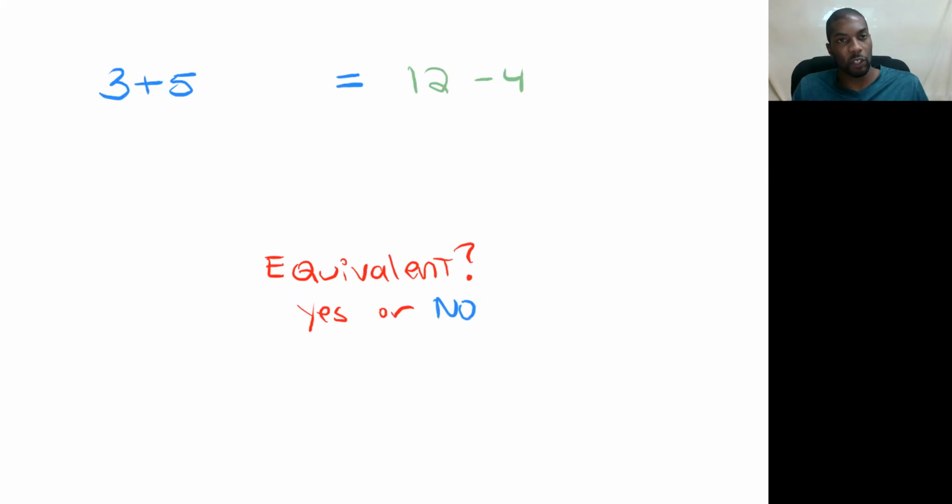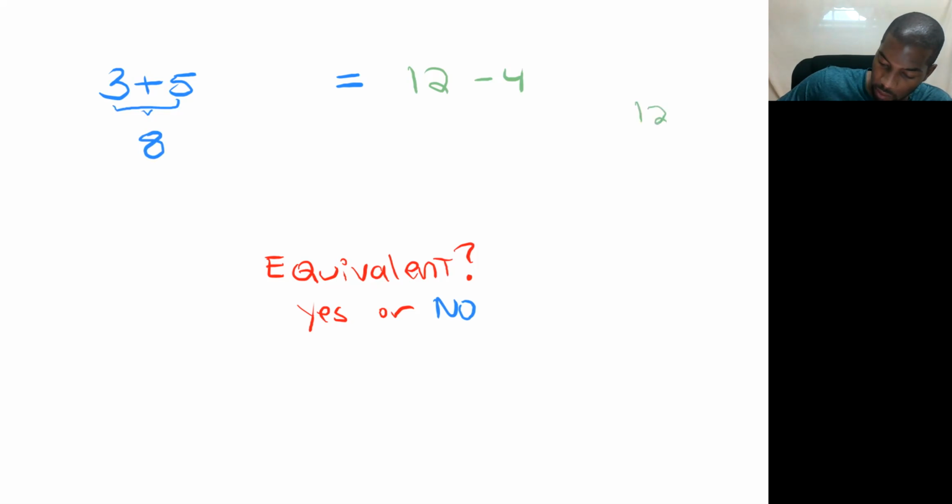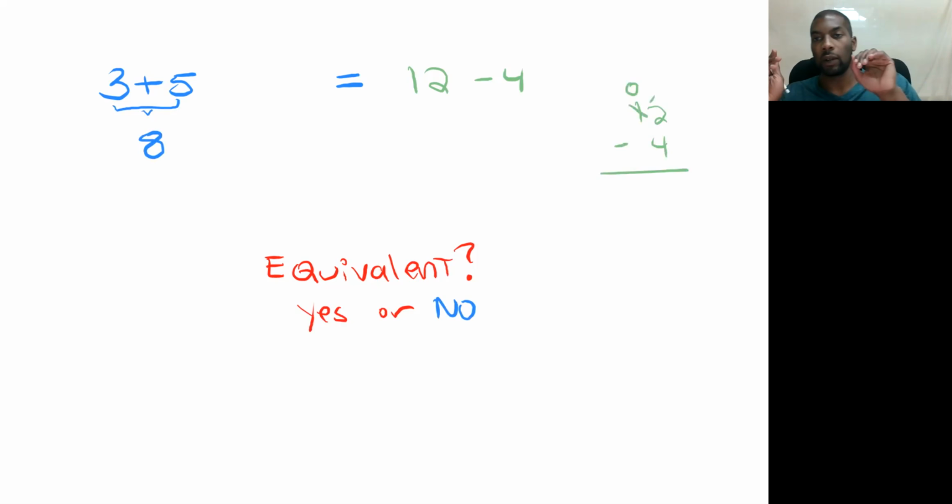I start with the first expression, 3 plus 5. Well, 3 plus 5 is 8. So that side is done. I've ended up with one number. And let's go to the right side, 12 minus 4. 12 minus 4 is also 8. Counting down from 12, we get 11, 10, 9, so we end up at 8.